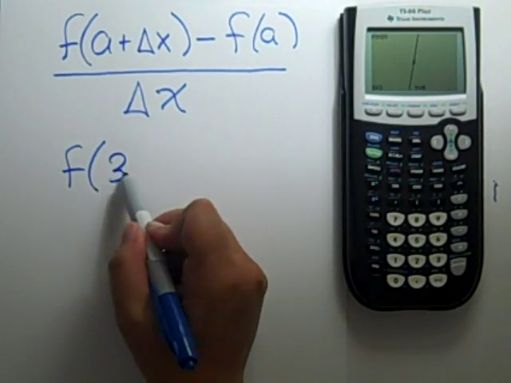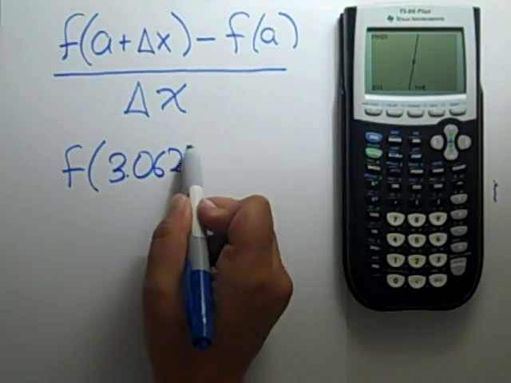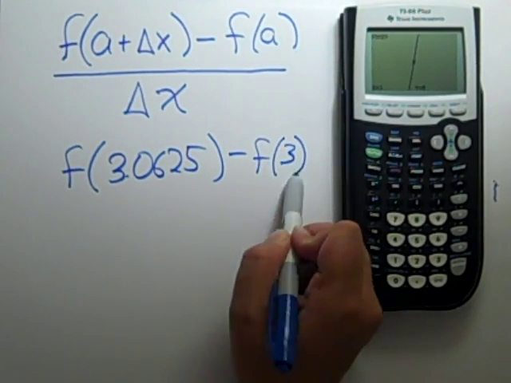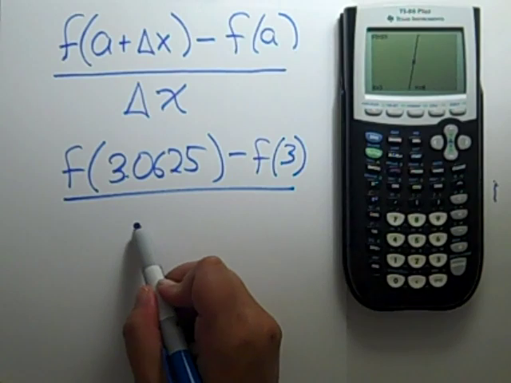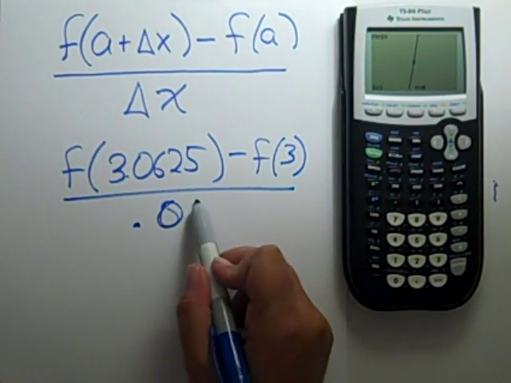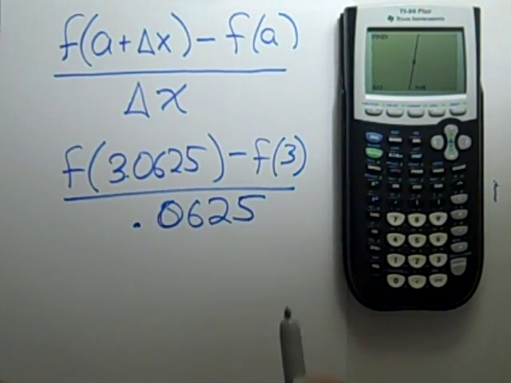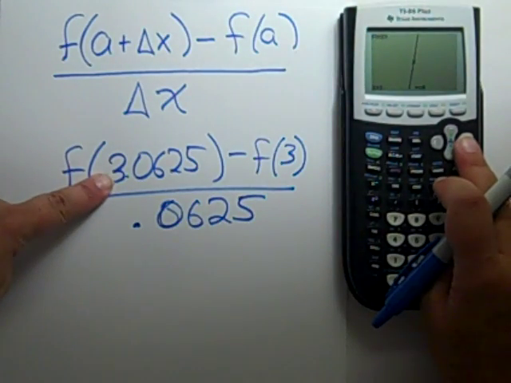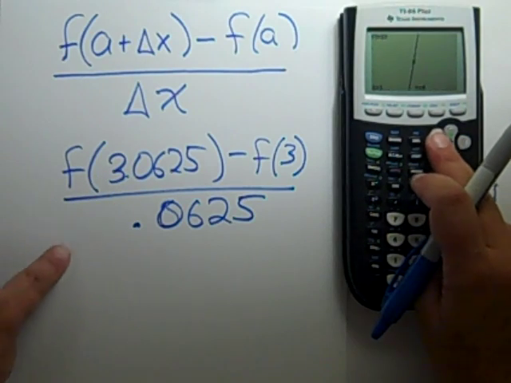Should be on your paper, 3.0625. What's f of a? That's just f of 3. Delta x, 0.0625. Now we could look at the graph again and get the y value that goes with 3.0625. But let's do it the other way.